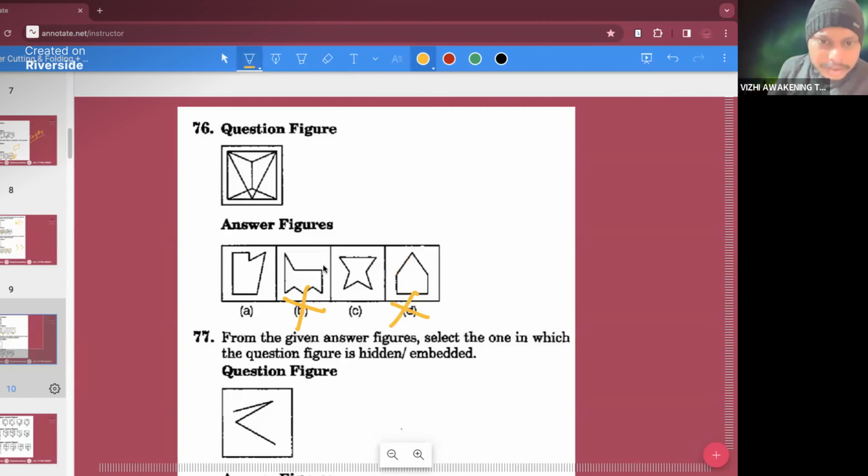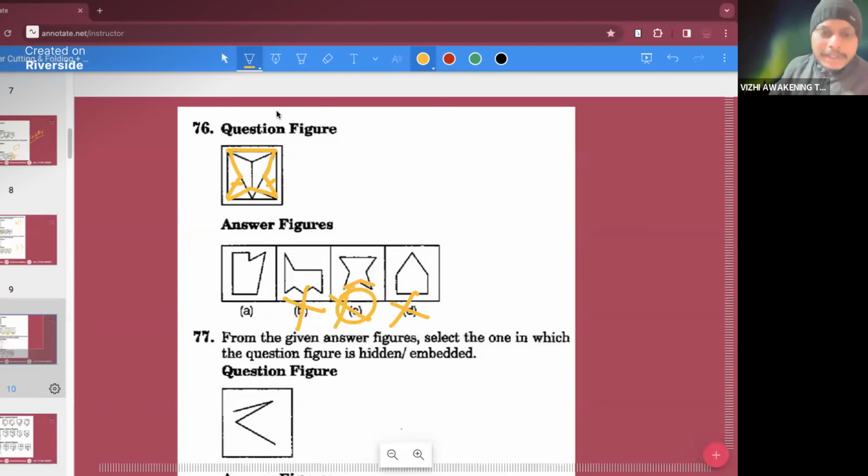And C, let's look at the C option. If we take this one to be this one, we will have to go like this and this and this, and a little bit like this and this, but we don't have these two.